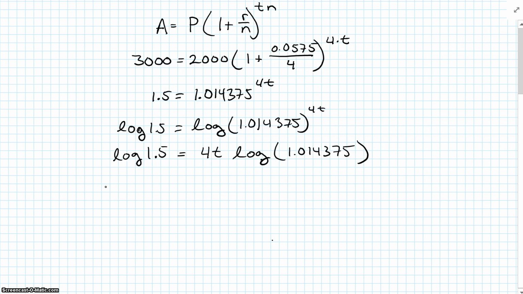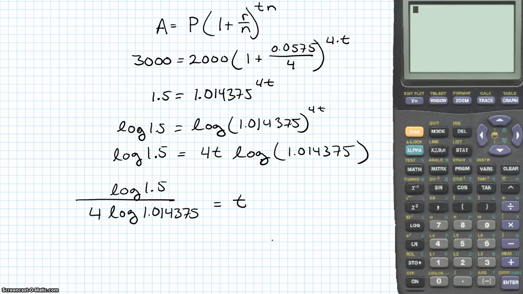Now isolate the t. So log of 1.5 all over 4 times the log of 1.014375 equals t.